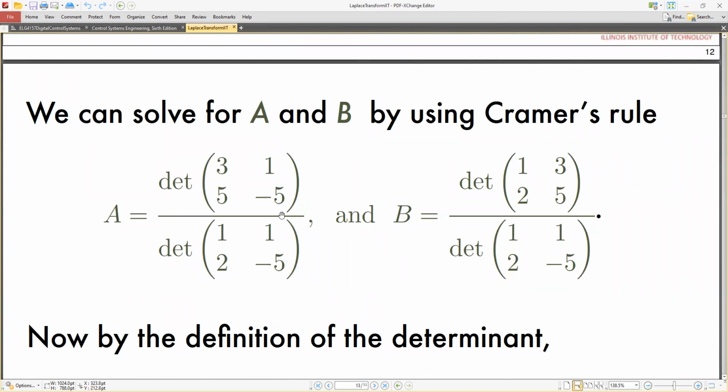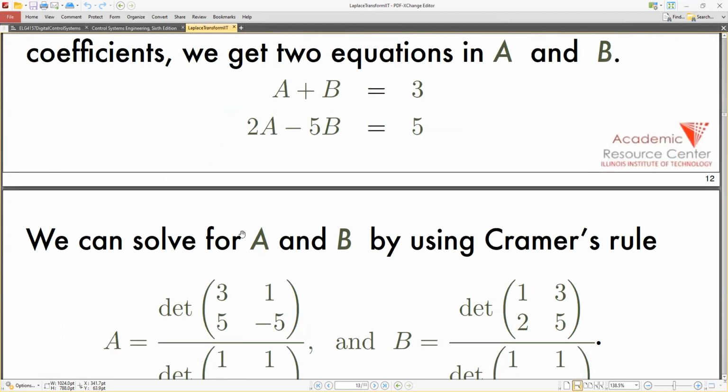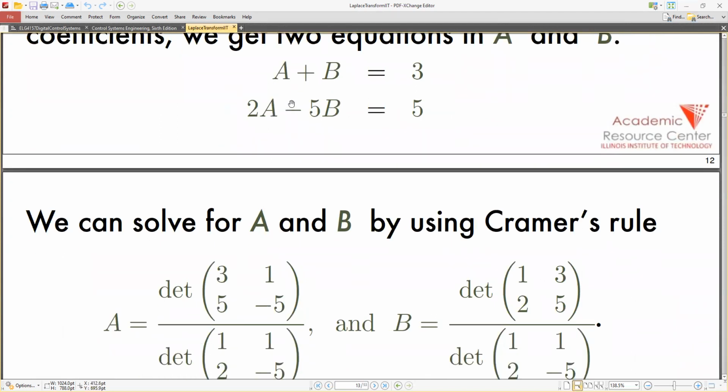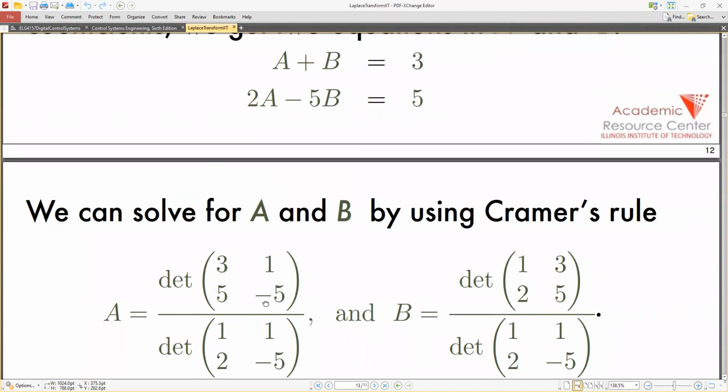This is the Cramer's rule. Okay, this is the Cramer's rule. Just look here. Determinant: 3 comes here and 5 comes here, and 1 5, 1 minus 5. For A, you can write like this, and determinant 1 2, 1 minus 5.